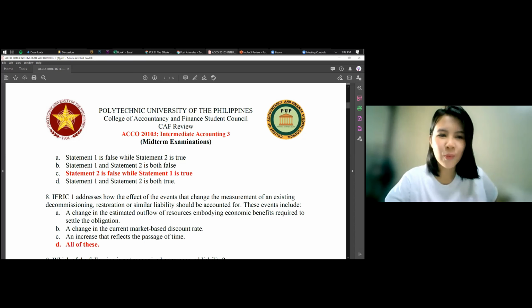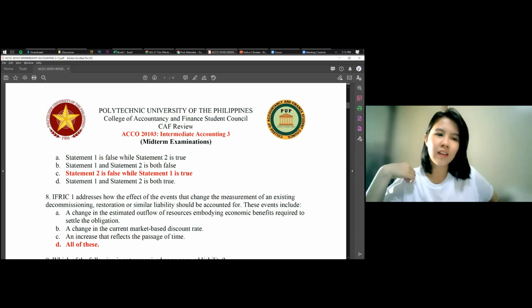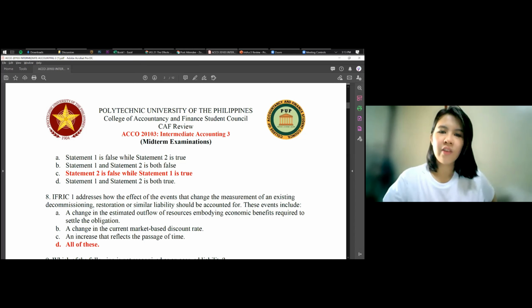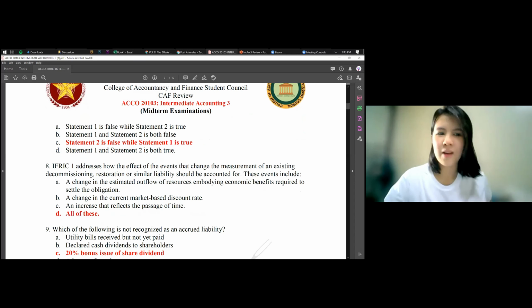You always check the wordings kasi baka may mahaba lang siya pero panggulo naman. Or merong isang word na nagpamali dun sa sentence. So, it's not the answer. So, always read carefully if you have time. If not, kung wala kang nag-shotgun ka na lang, then sige, piliin mo yung mas mahaba. Pero I suggest kayo mag-shotgun.